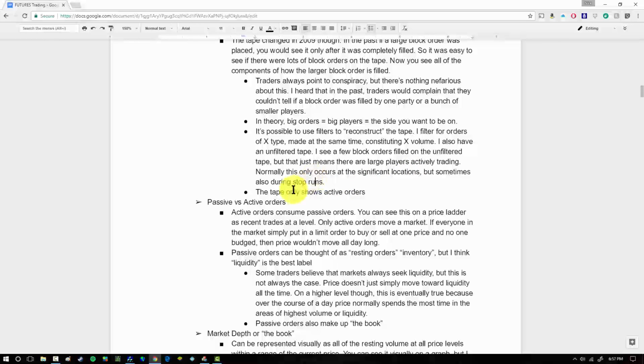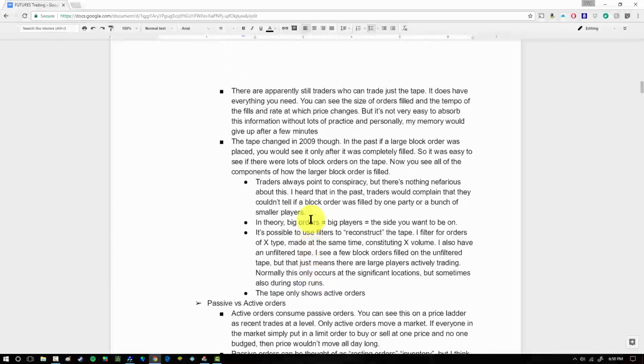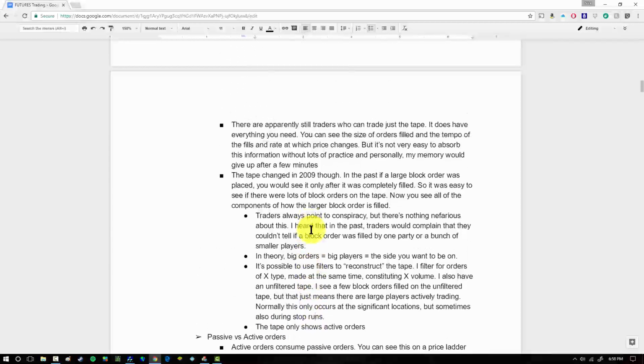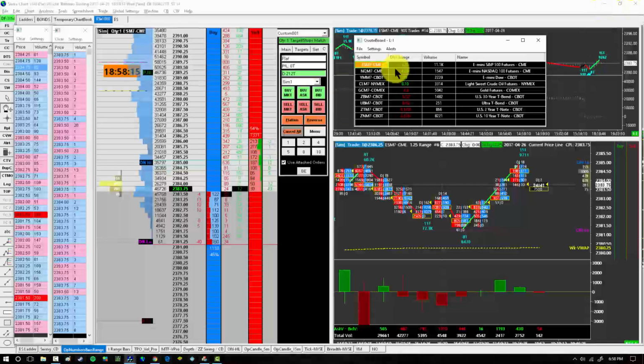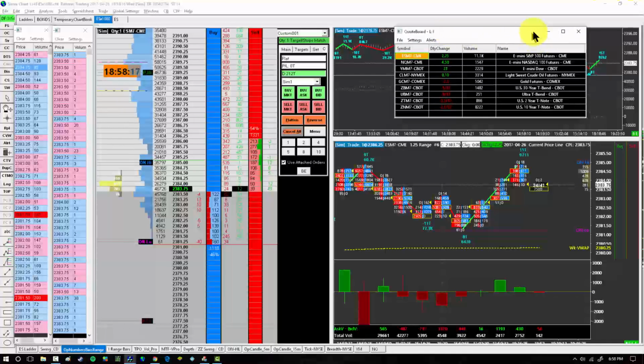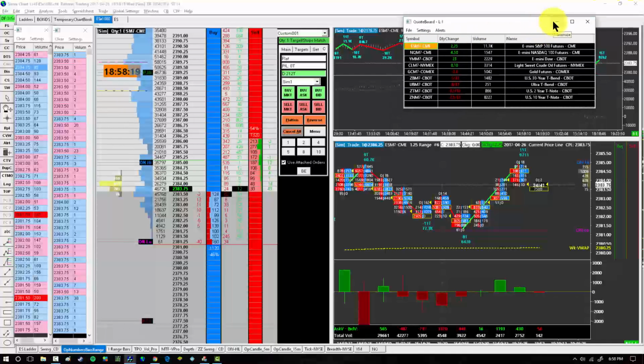The tape only shows active orders, meaning that the tape, of course, is only going to show you an order whenever it happens, when somebody is actively accepting a buy or a sell order, right? It goes along with the idea that for every buyer there's a seller, and every seller there's a buyer, right?